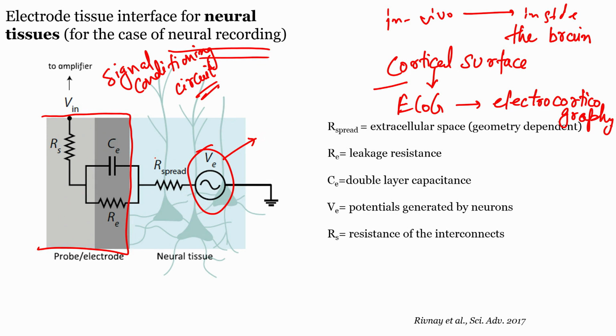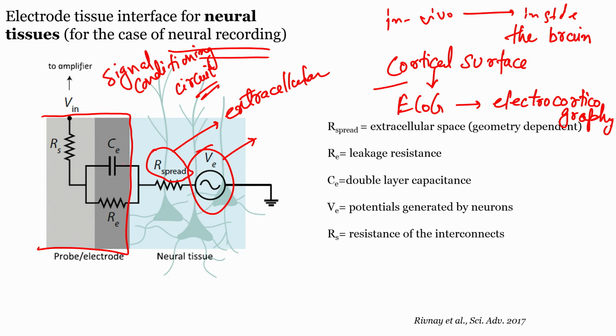Then there will be something called R spread. So this is associated with extracellular space. In some other classes you definitely would have been taught about intracellular and extracellular, and extracellular is generally associated with resistive contribution in terms of electrical equivalent. So this is extracellular space in the cortical surface.